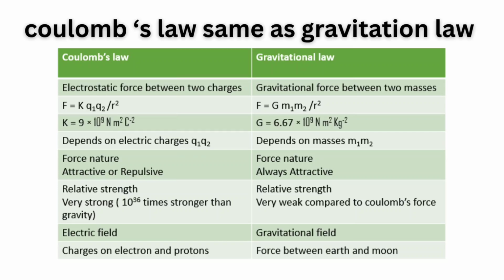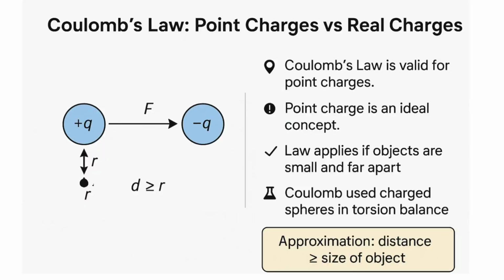It's important to note that Coulomb's law is strictly valid only for point charges, that is, charges that are assumed to occupy no space. But in reality, a point charge is just an ideal concept. All real charges are spread over some volume.